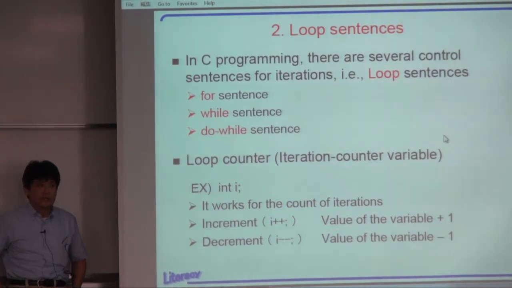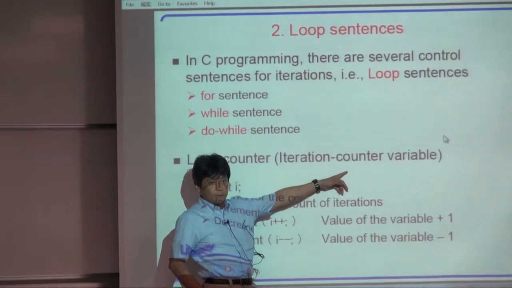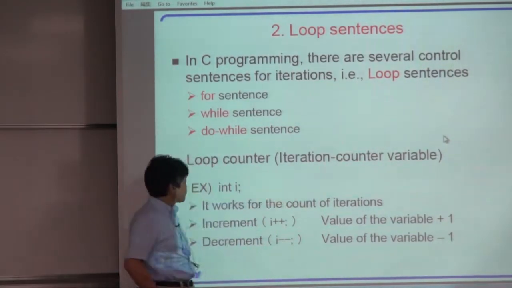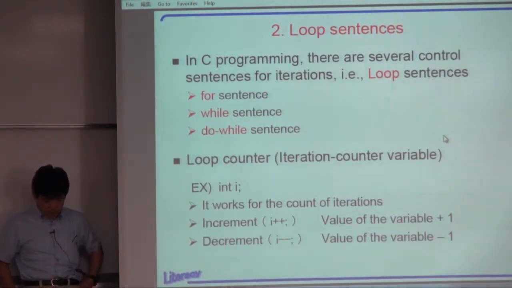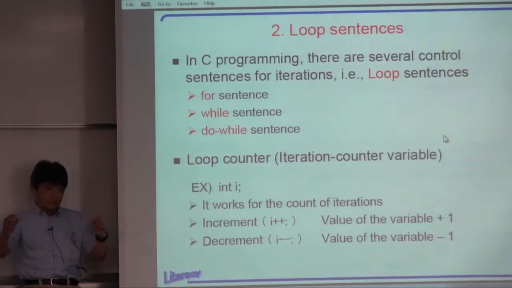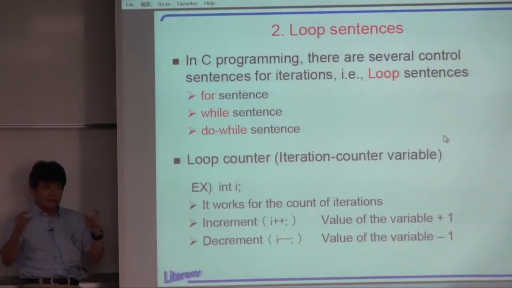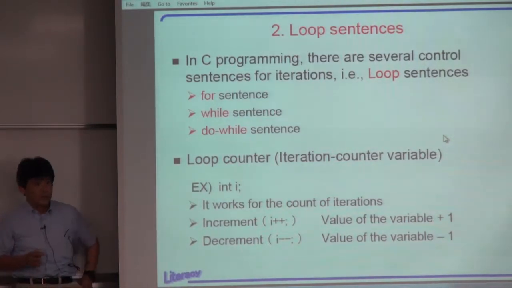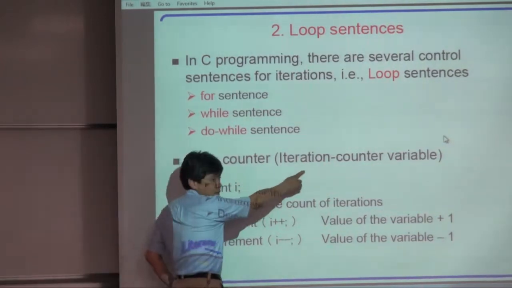The loop counter is usually treated as the iteration counter. For example, when you execute any sentences, sometimes you have to know how many times such sentences are executed. To specify such values, the loop counter can be used.